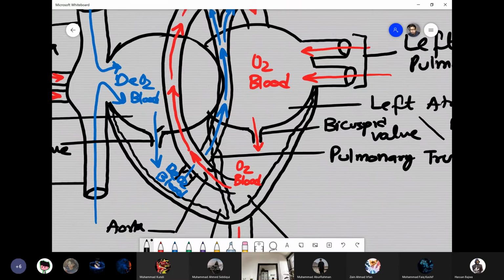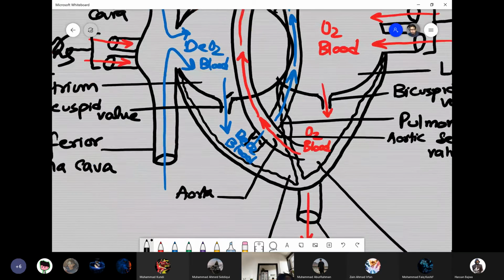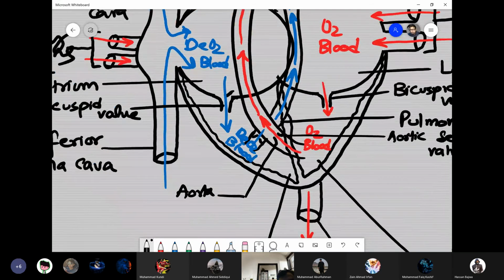Now, boys, the valve which is present in the aorta is called the aortic semilunar valve. And the valve which is present in the pulmonary trunk is called the pulmonary semilunar valve.